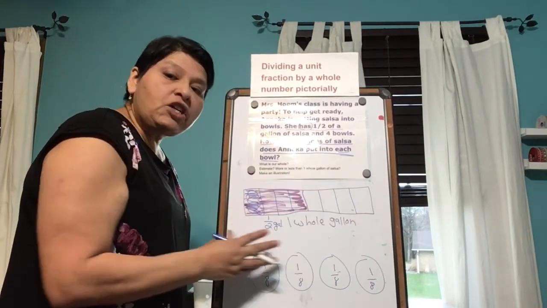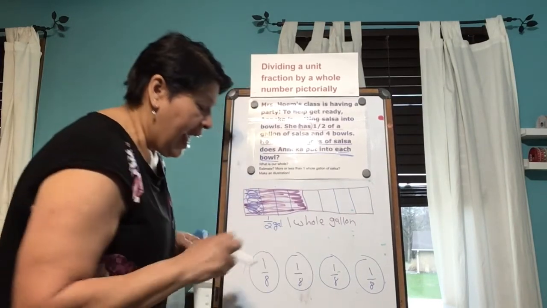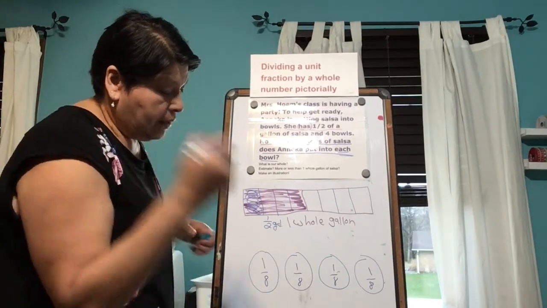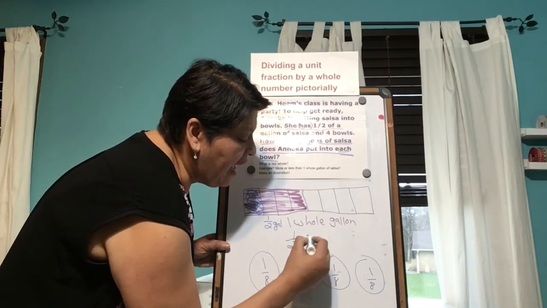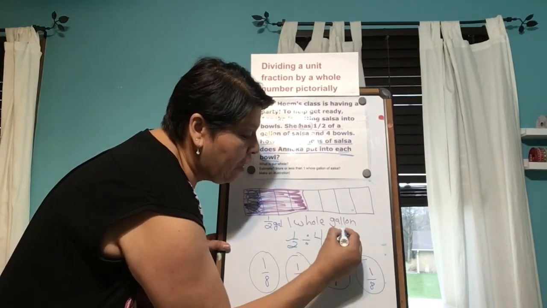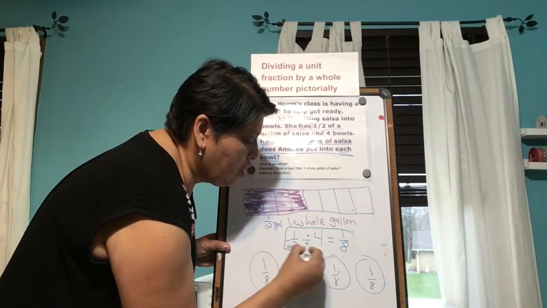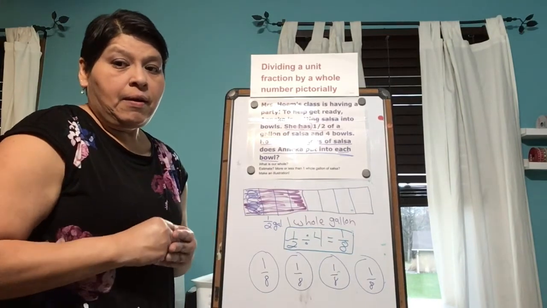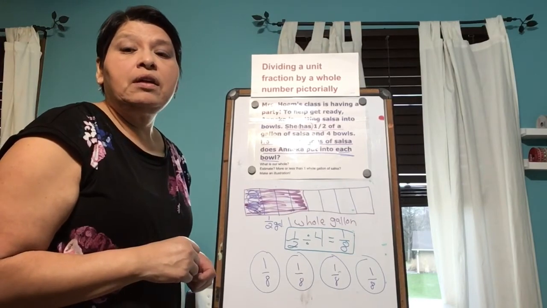My equation that I just drew is I have a half a gallon of salsa divided into 4 bowls is going to equal 1/8. This is your solution with the equation. I hope you enjoyed the lesson, and I will see you again.